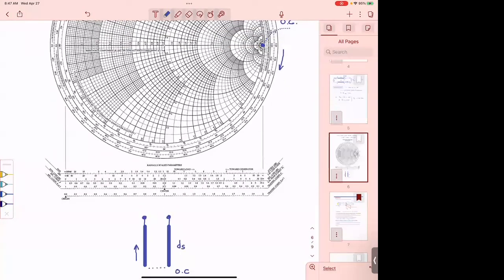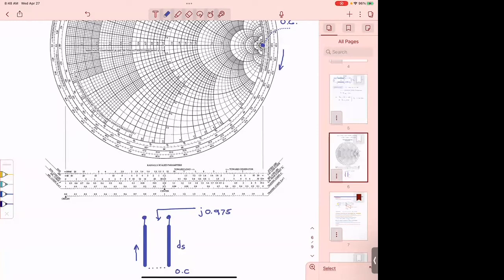Until I find that my input impedance here is J0.975. Do you agree? Yes, thank you. I was thinking the real part, 0.975. Yes, until it's J0.975. So I know that I'm going to be on the upper half.